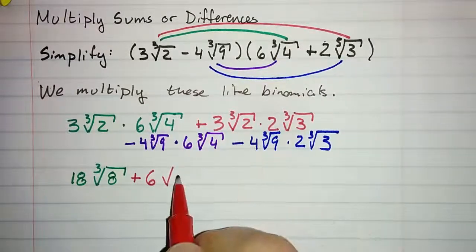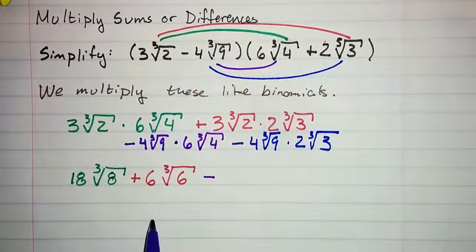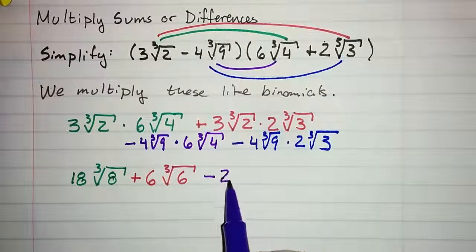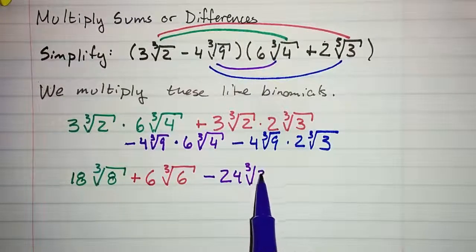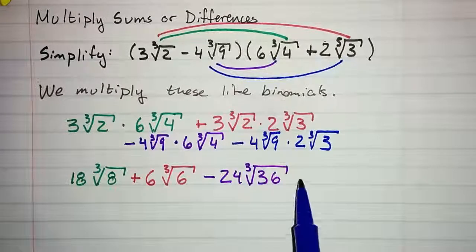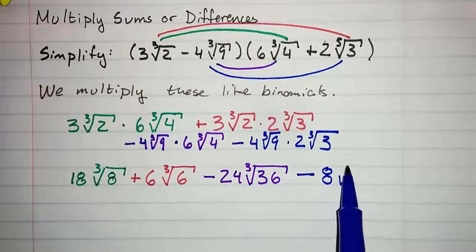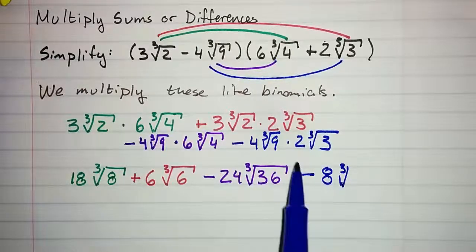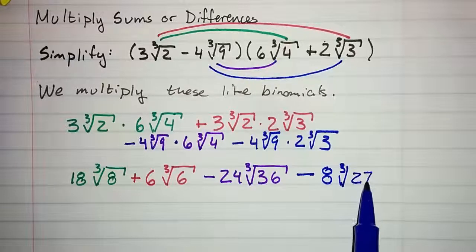Cube root 2 times 3 is 6. Minus 4 times 6 is 24. Cube root 9 times 4 is 36. Minus 4 times 2 is 8. Cube root 9 times 3 is 27.